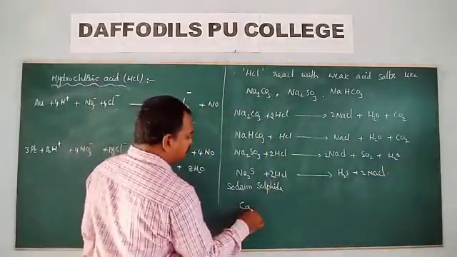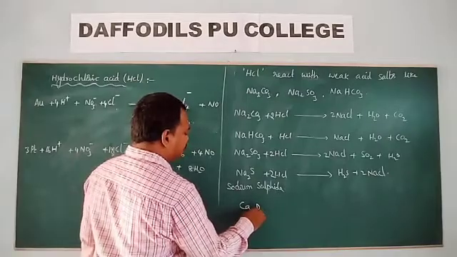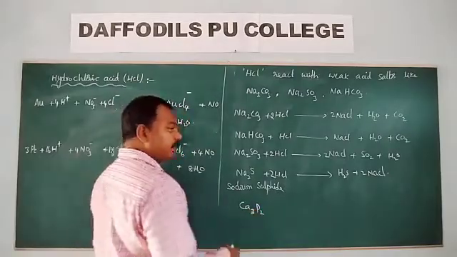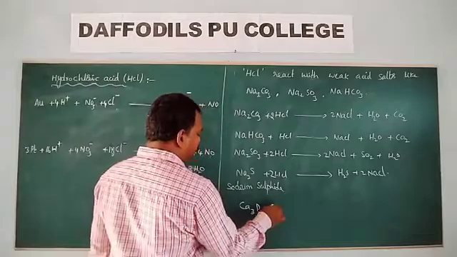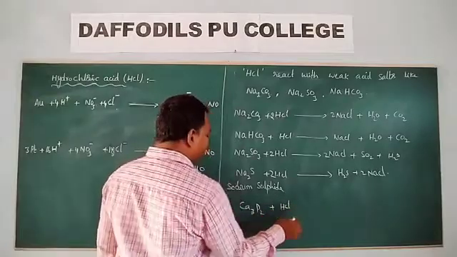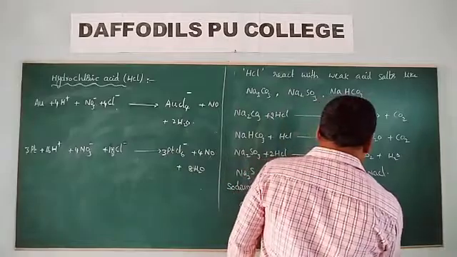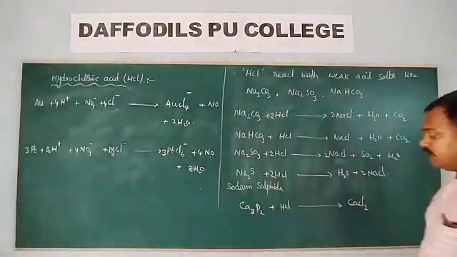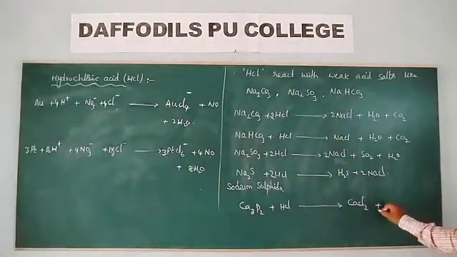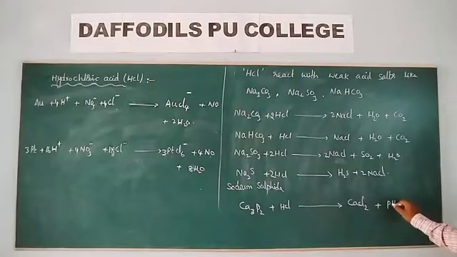Again, calcium phosphide, Ca3P2, when it reacts with HCl, you will get calcium chloride, CaCl2, and PH3.